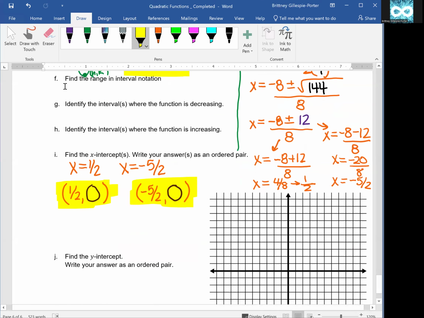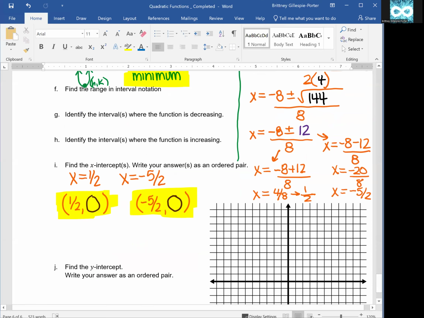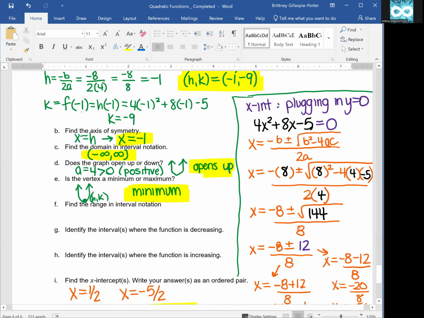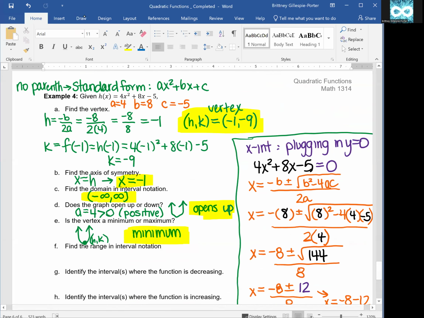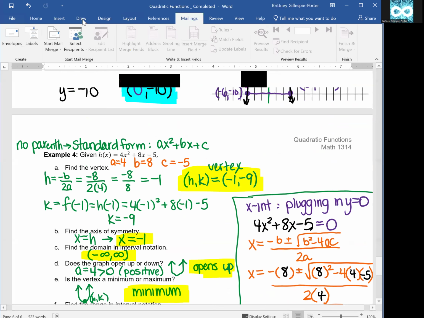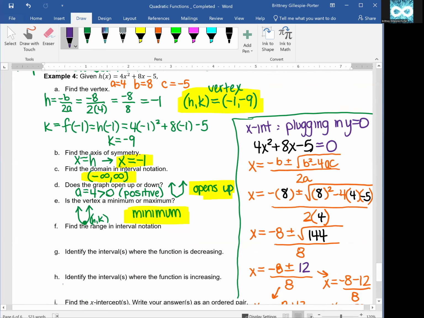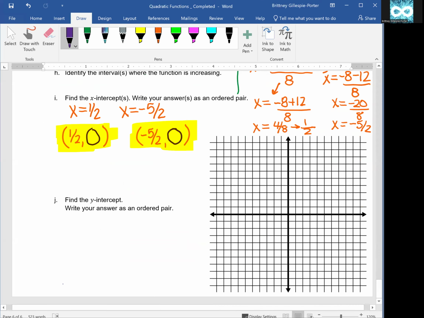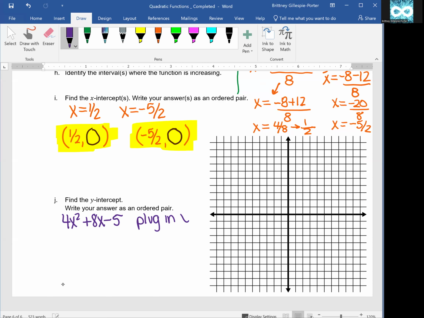Part J asks us to find the y-intercept and write our answer as an ordered pair. Remember that our equation, scrolling up, was 4x squared plus 8x minus 5. And we need to plug in x equal to 0 to find the y-intercept.